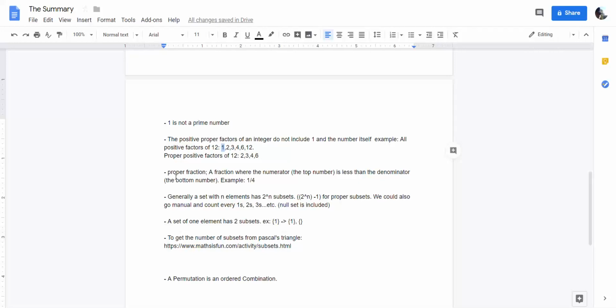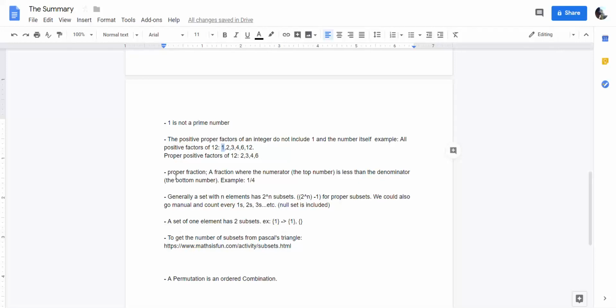A proper fraction is when you have a numerator which is less than the denominator, like a quarter or a half. If you have, say, 5 out of 1, you can just write it as 5. That's not a proper fraction.